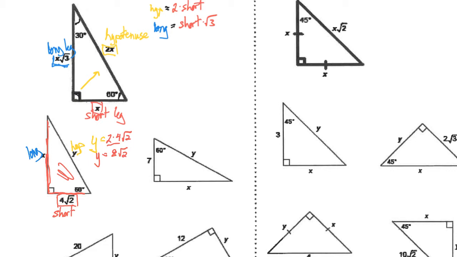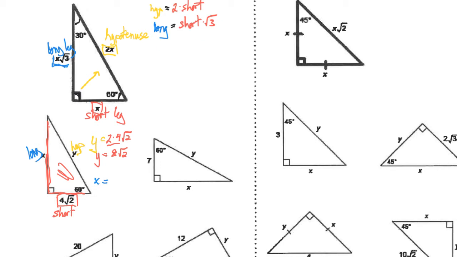Then if I'm looking for the x, the long leg, I take my short leg, so I'm looking at the other equation up here. The long leg equals short times radical 3.